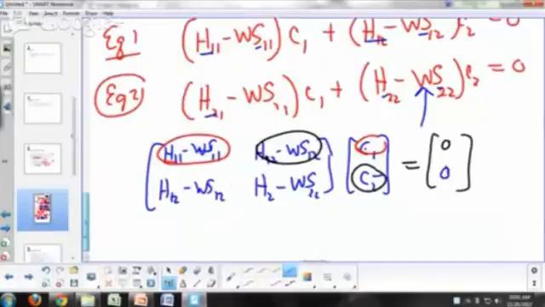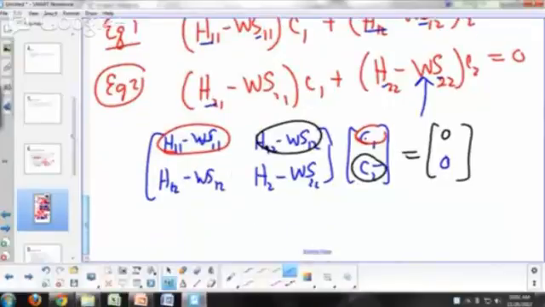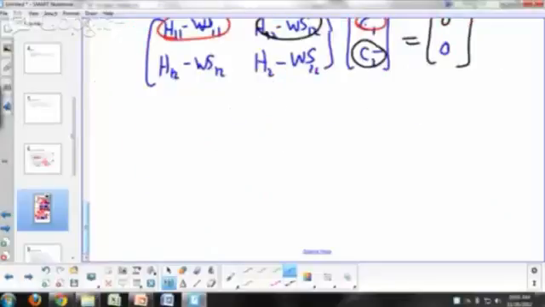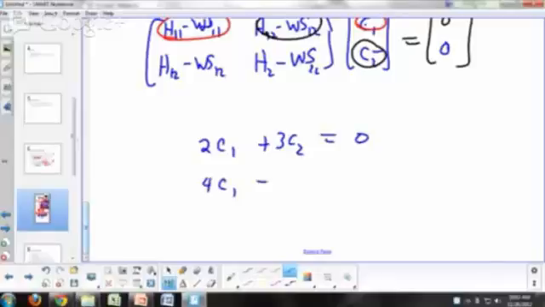Okay, remember how to set things up in matrix form for simultaneous equations. Let me give you a simple example. Let's just pretend you have 2C1 plus 3C2 equal to 0, and then you have 4C1 plus 5C2 is equal to 0.